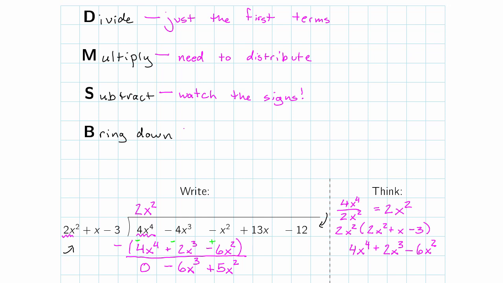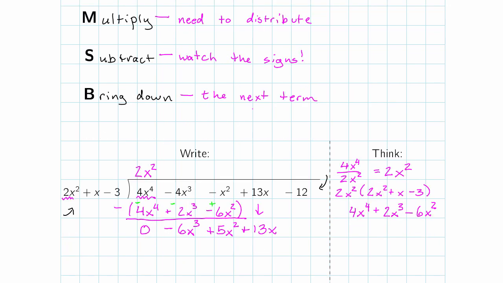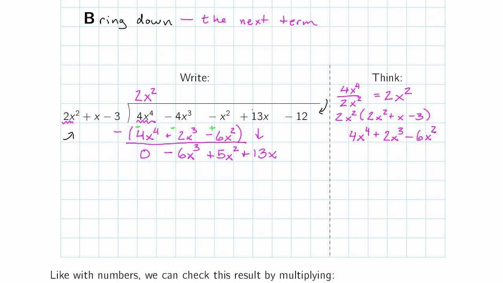But now, of course, instead of bringing down a digit, we'll bring down the next term. So here our next term is going to be plus 13x. And now we just restart the cycle.